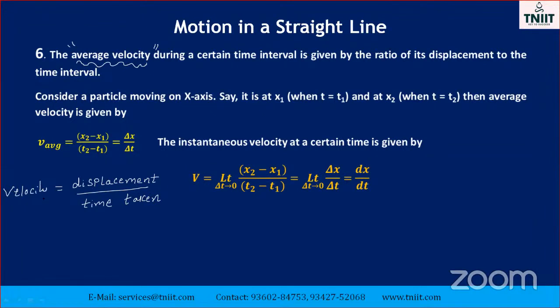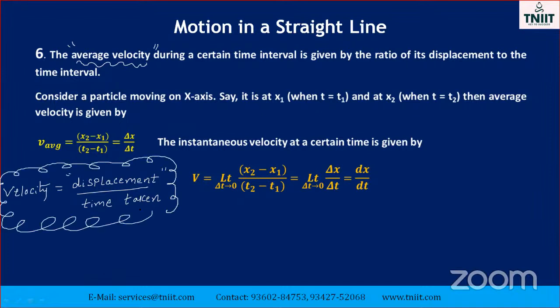Speed is nothing but distance by time. Instead of taking the distance, if you take the displacement, displacement by time is called the velocity. So velocity is nothing but the displacement divided by the time taken.